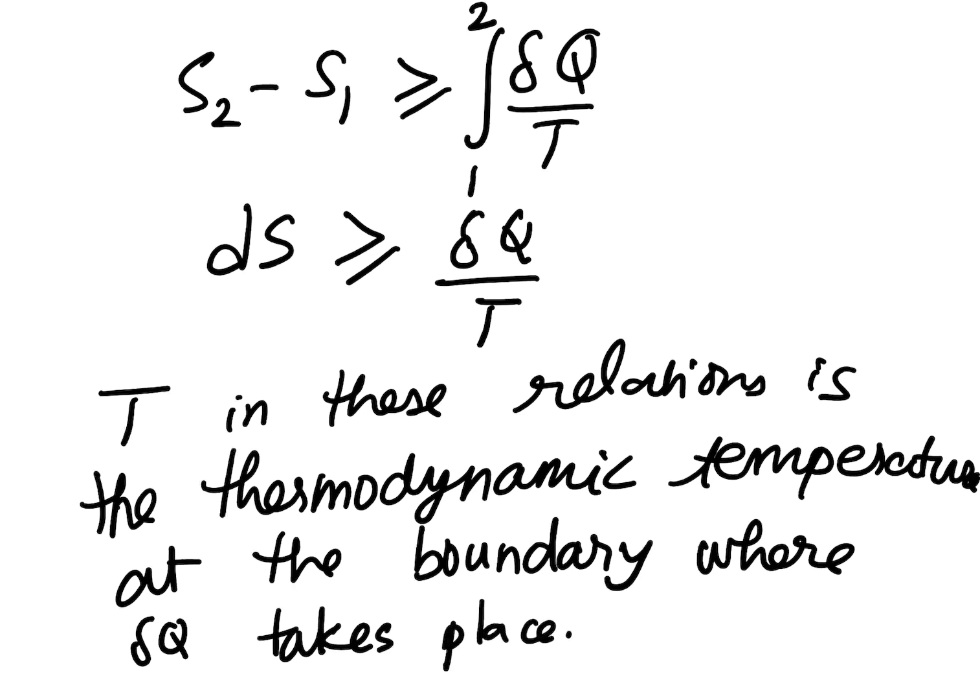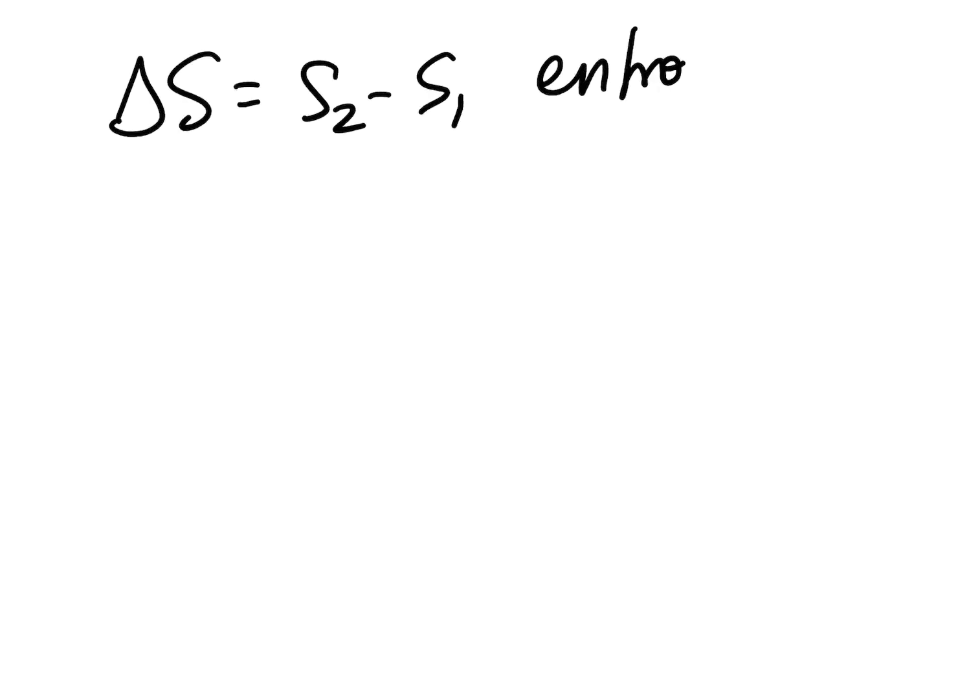Okay, the quantity delta S, which is S2 minus S1, is the entropy change with the process 1 to 2.